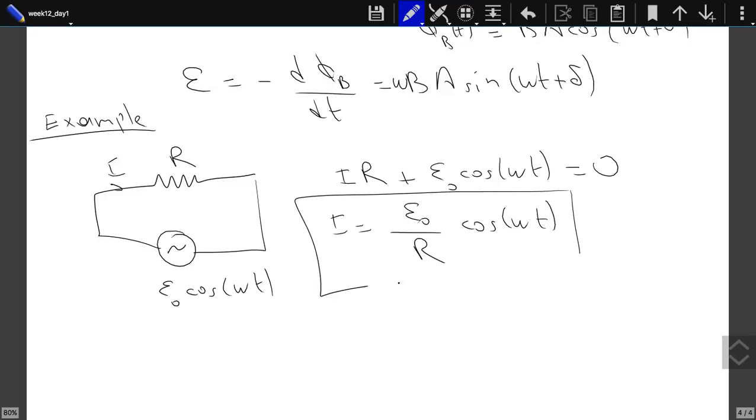Well, in fact, there's nothing interesting over here. It's just the epsilon divided by the resistance, that is the current running through the circuit. Its maximum value is epsilon 0 over R. Well, nothing much interesting.